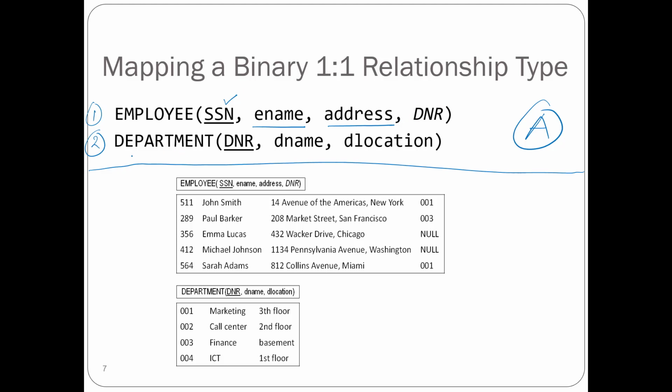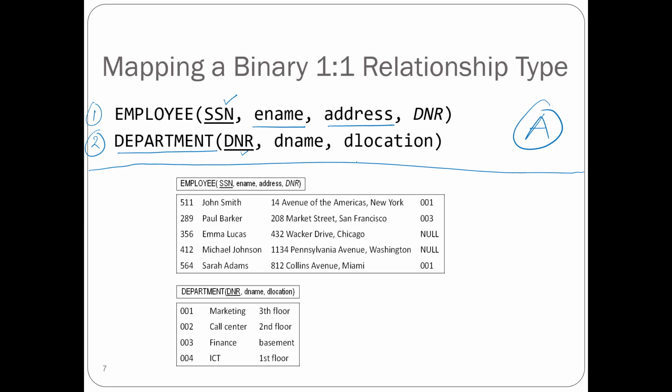And here we have the other relation, department, for the entity type department. The attributes are DNR for department number, which is the primary key, DName for department name, and DLocation for the location of the department, or the address, in other words.